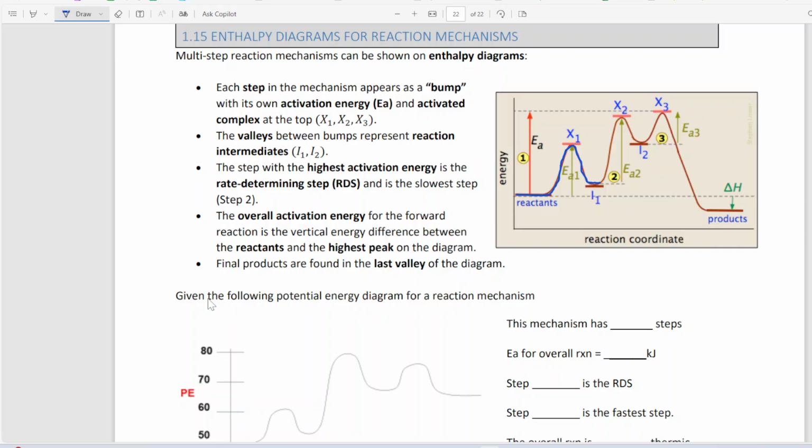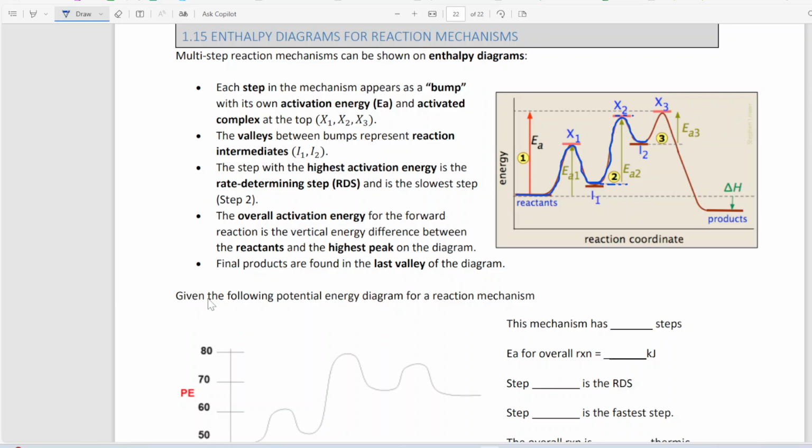This little bump has its own activation energy from reactants up to activated complex. Then for step 2, these I1s, the reaction intermediates, become your reactants. Then you've got another activation energy up to another activated complex, X2, and then your products would be your second reaction intermediates. And this step, again, from reactants to activated complex has its own activation energy.